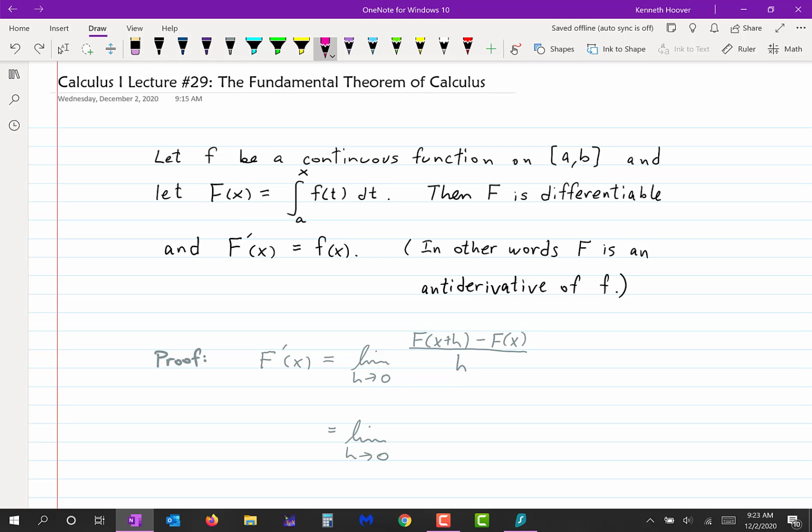So this would be the integral of little f of t dt from a to x plus h minus the integral of little f of t dt from a to x, and then that is over h.